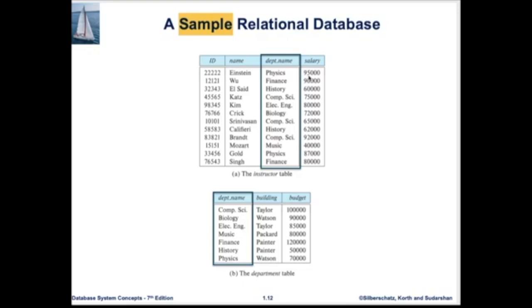So if you go to the department table, of course dapat mag-exist si physics na department dito sa department table, and you can also include more information about this department, like for example the building, the budget, etc. So you can have information about the department where Einstein belongs to. So this is a simple example of a relational database.